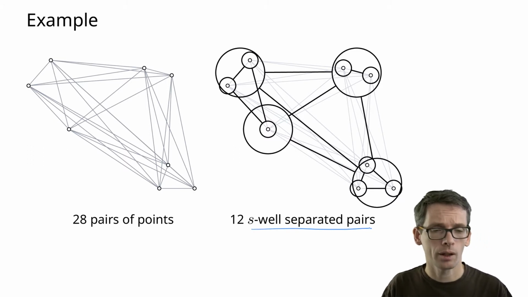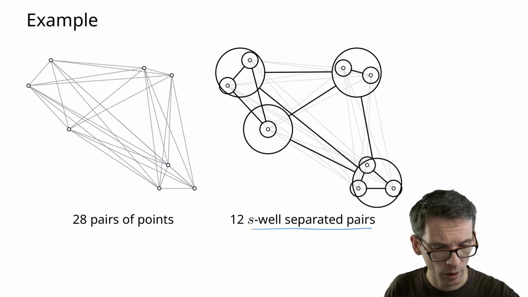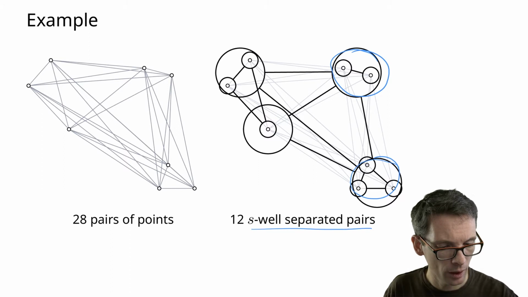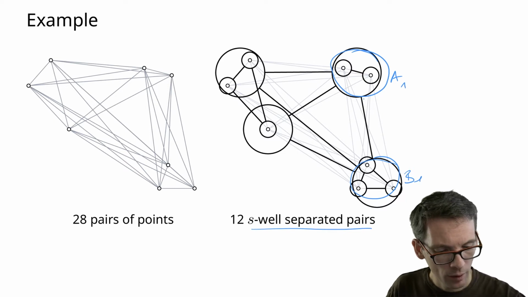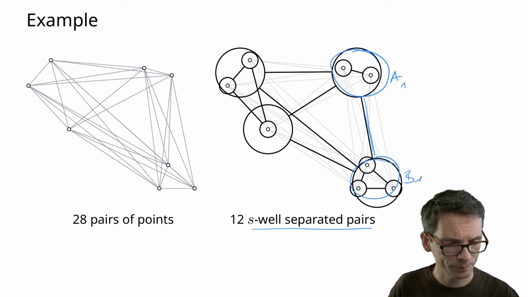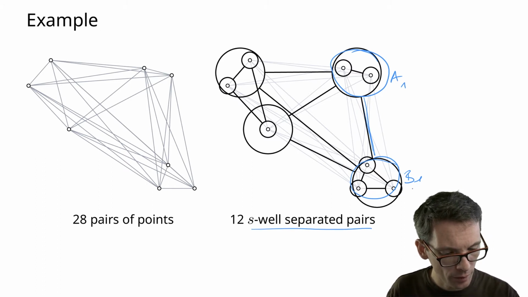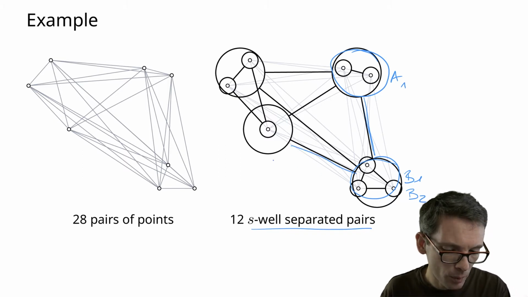So let me briefly show what I depicted here. So for instance, I put those 2 points in a set A. Let's call this A1. Those 3 points in B1, and this is S well separated for suitable S. Likewise, this could be also B2, and it's well separated from A2.